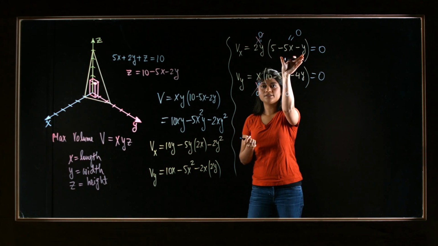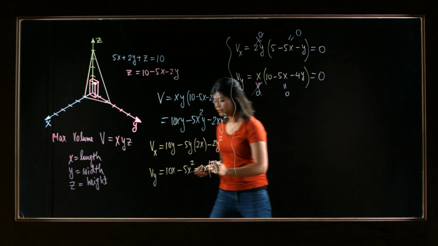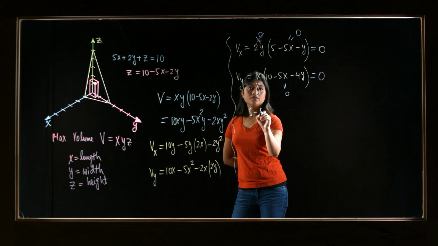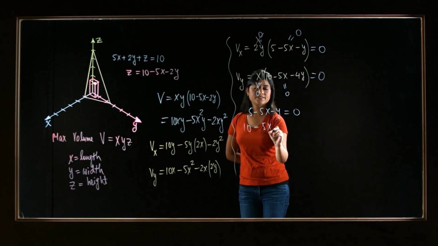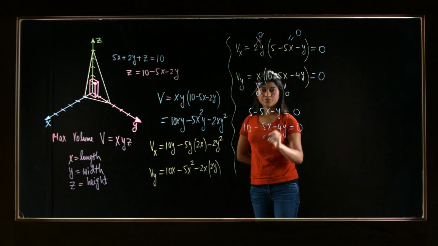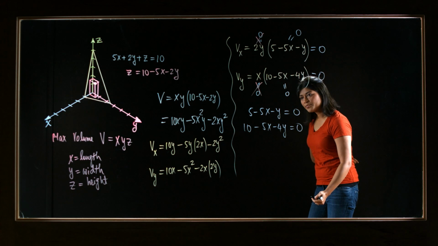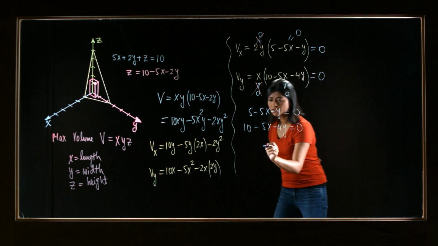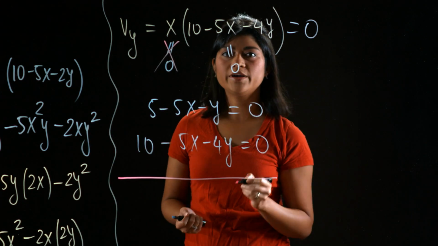We only consider when these two factors are equal to 0 and then solve for x and y. So let's consider 5 minus 5x minus y is 0, and 10 minus 5x minus 4y is 0. Now we have to solve for x and y. There are two equations in two variables, and I can see that both have negative 5x, so why don't we just subtract one from the other?